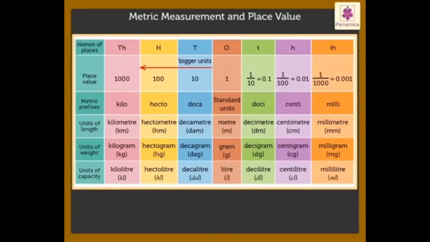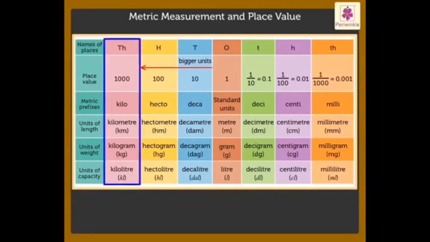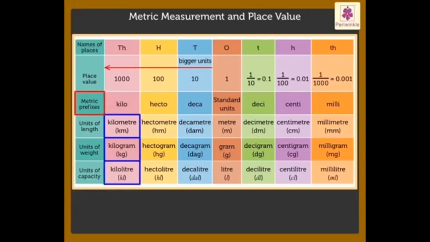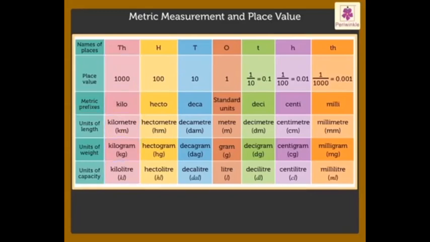Similarly, the units in the thousands column are 1,000 times bigger than the standard units. We name these as kilometer, kilogram and kiloliter, as the prefix kilo means 1,000 times. Now, let's move to the right of the ones column.